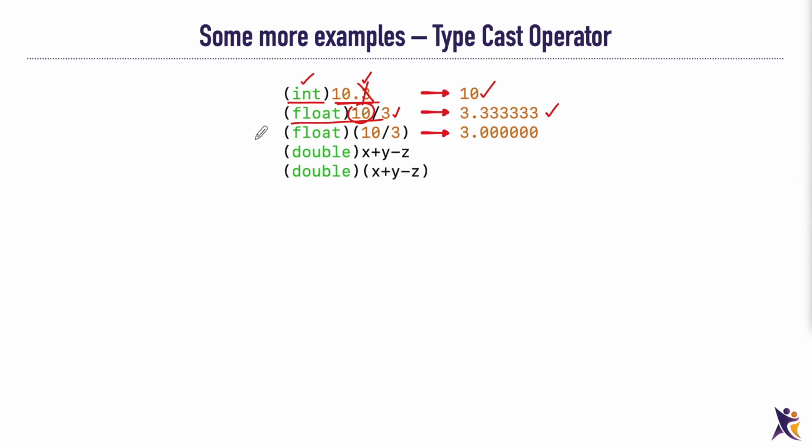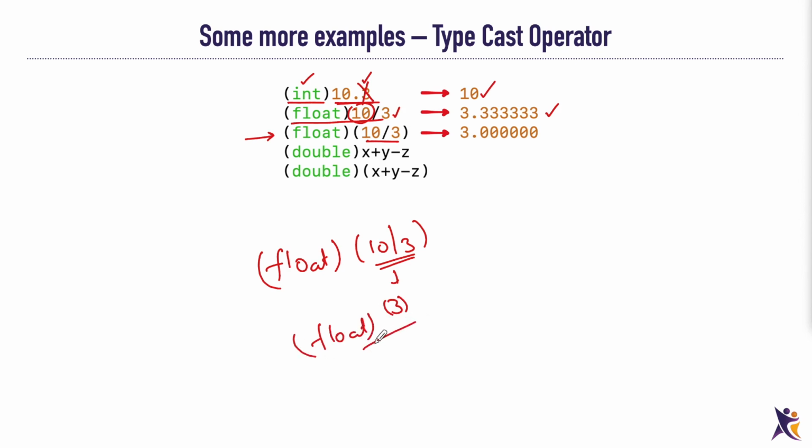In this case, we are doing the division operation first, so let me write here, float and 10 by 3. This operation is performed first, and this will give me 3, and then we are applying the float typecast operation to this. This will give you 3.0 because you are converting the integer into a floating point number.